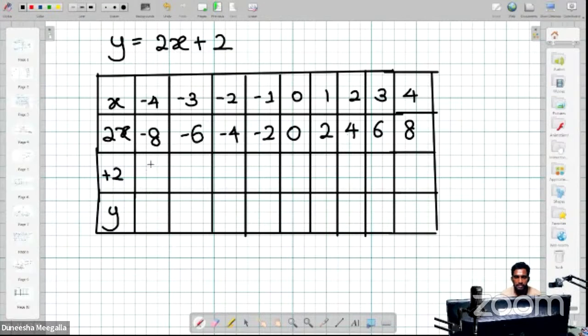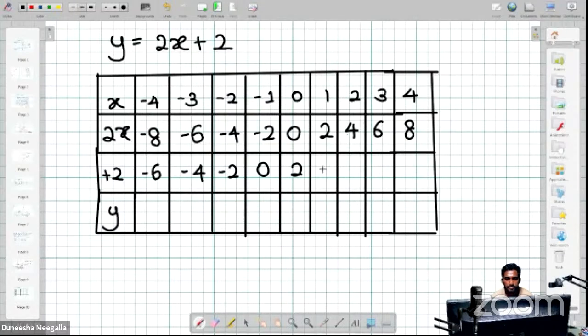What is the answer? If we add two to -8, what is the answer? -6. Next one is -4, then -2, 0, 2.